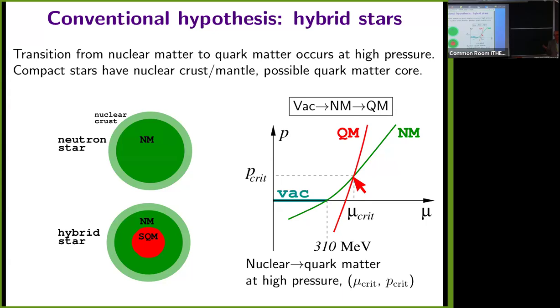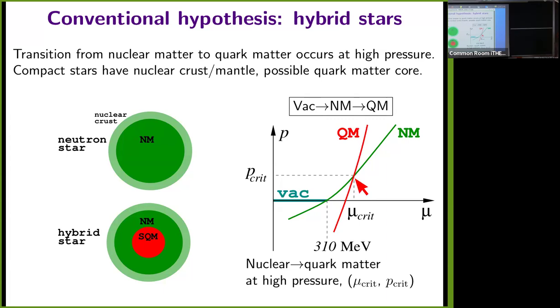Okay, that all sounds fine. Why wouldn't you have neutral matter? Well, the complication that can make this interface a little bit more interesting than just a bare surface where you switch from one to the other is that in order for a phase to be neutral, the electrostatic potential has to have the appropriate value. And it may be that the value of the electrostatic potential in neutral nuclear matter is different from the value in neutral quark matter.